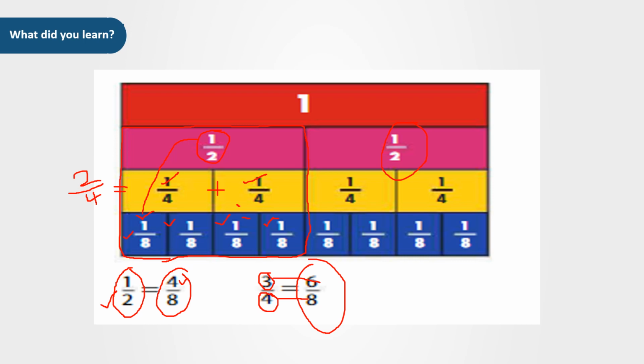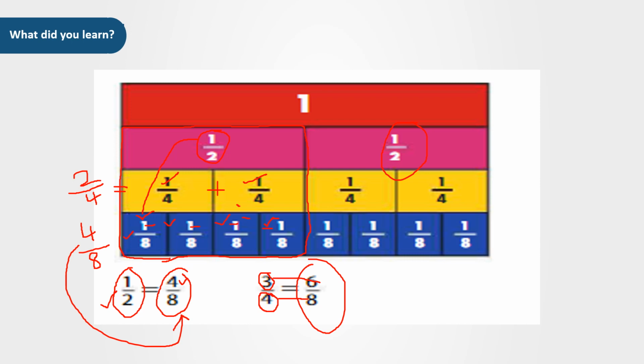So let's count. How many ones do you have? 1, 2, 3, and 4. So my numerator is 4 and the denominator will be the same.